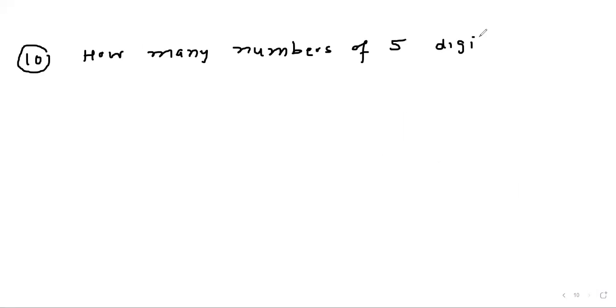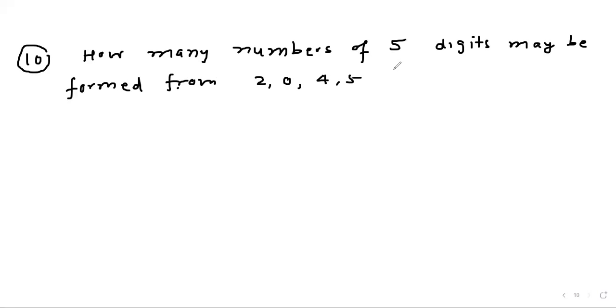Next question is, how many numbers of 5 digits may be formed from 2, 0, 4, 5, 3, 8, if the digits are not repeated.